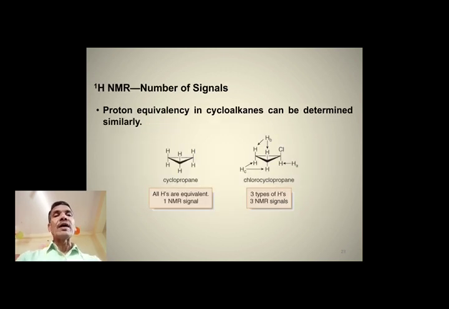In proton NMR, the number of signals gives us information about different kinds of protons present in a molecule. Proton equivalency in cycloalkanes can be determined by NMR spectroscopy. In cyclopropane, the ring is planar, while it possesses 6 hydrogen atoms.